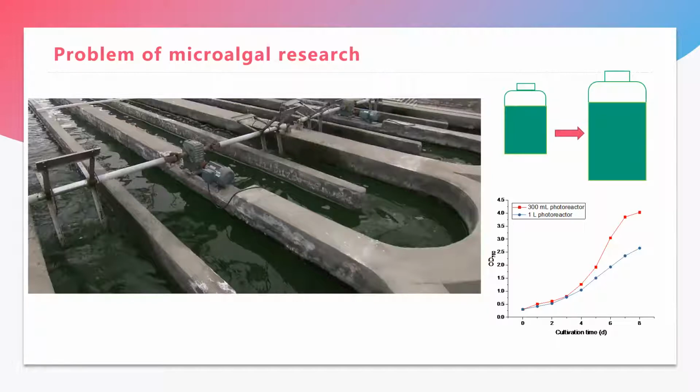There are too many types of photobioreactors. They all have different maximum biomass yield with the same microalgal strain. Even for the same microalgal strain, when they were cultivated in two different shaped bottles, they will have different growth rate and maximum biomass yield.